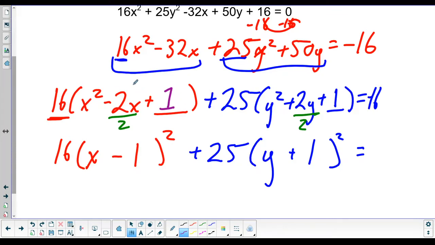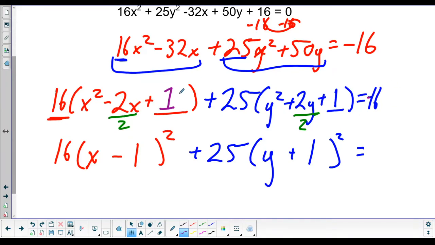I'm adding 1 times this coefficient. So I'm adding 16 to this side of the equation, correct? So let's see, sorry, that's a negative. Okay. So what we're going to do is add 16 to this side.